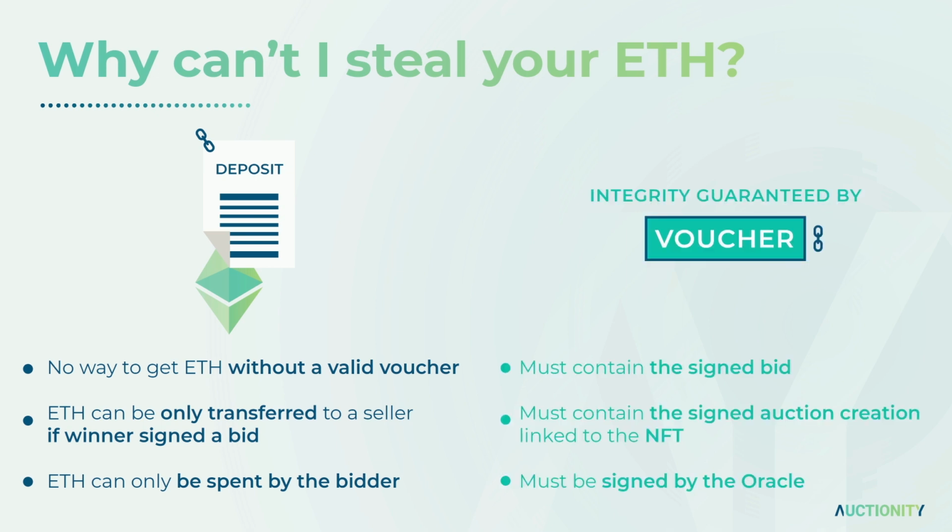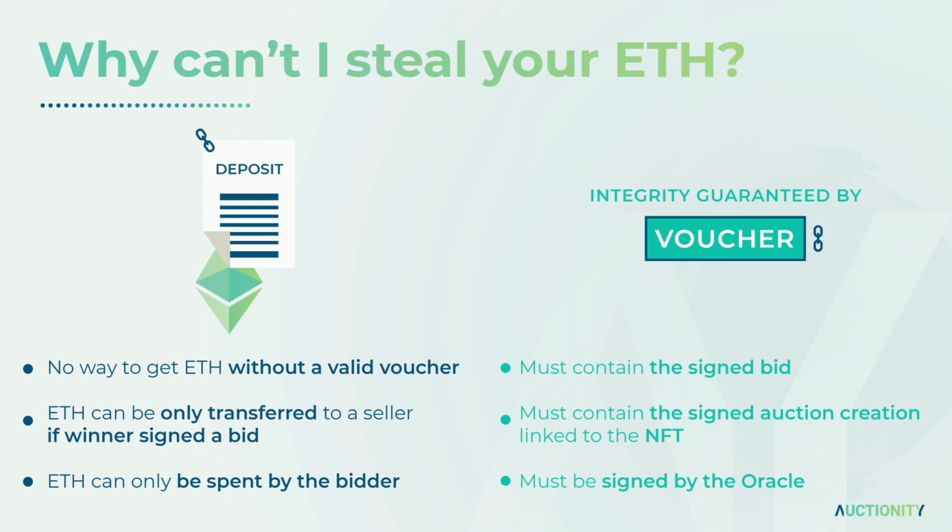The integrity is guaranteed by the voucher, because the voucher must contain 3 key points. The first is the signed bid. If the voucher did not contain the signed bid in its content, it could not be applied, because you have no proof that the bidder approved the transfer of their money. The second is that it must contain the signed auction transaction.